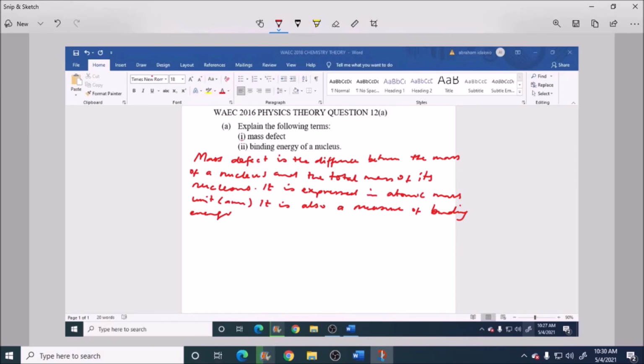Okay, so therefore we can say that mass defect is equal to total mass of nucleus minus mass of nucleon.